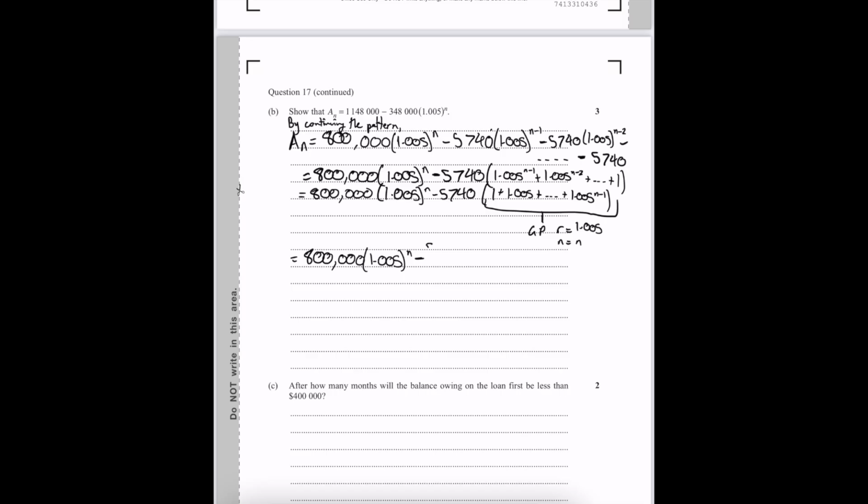Now we should know the formula for the sum of a GP, which is r to the n minus 1 over r minus 1, so 1.005 to the n minus 1 over 1.005 minus 1. And then we, I guess, just solve accordingly.